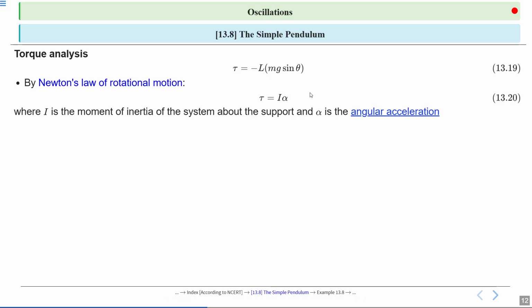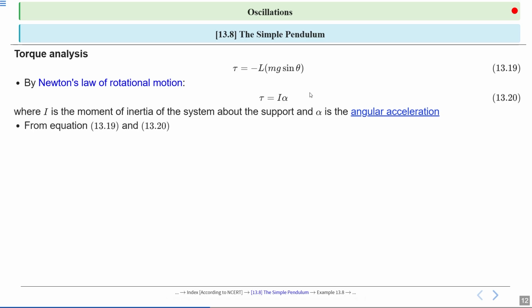The moment of inertia I depends on how the mass is distributed relative to the axis of rotation, and its unit is kilogram meter squared. Whereas angular acceleration alpha is measured in radians per second squared. Just like mass resists changes in linear motion, moment of inertia resists changes in rotational motion.